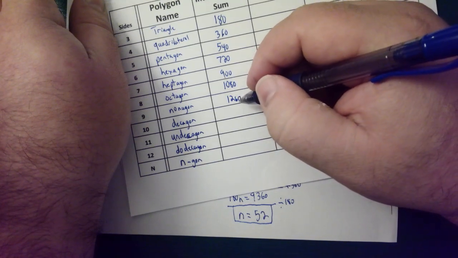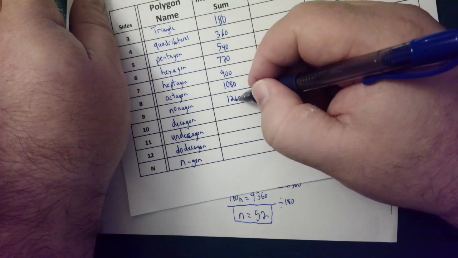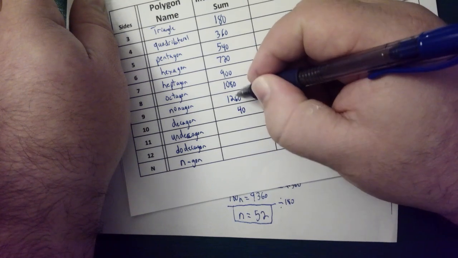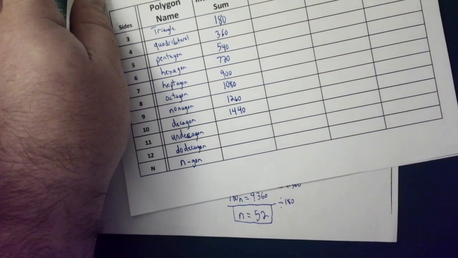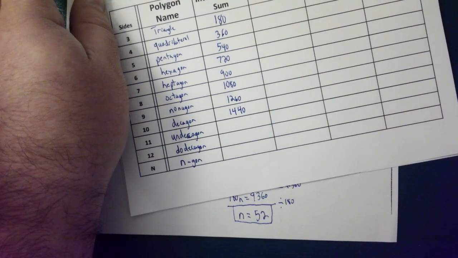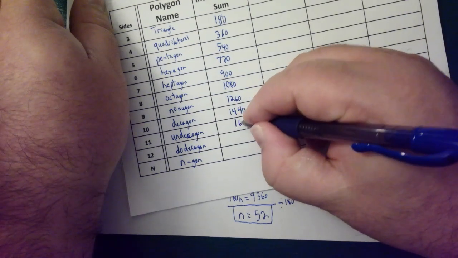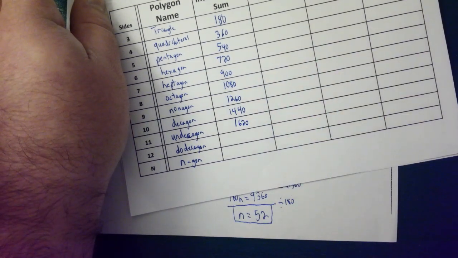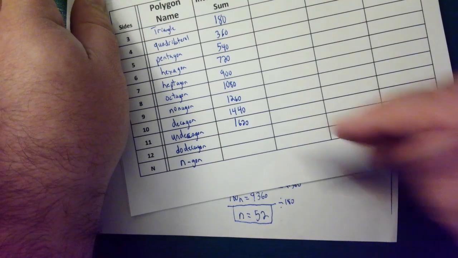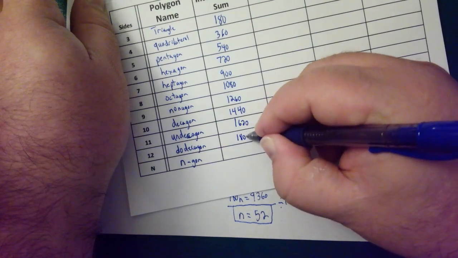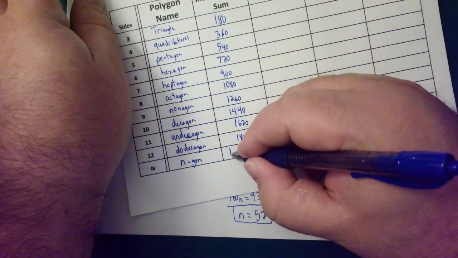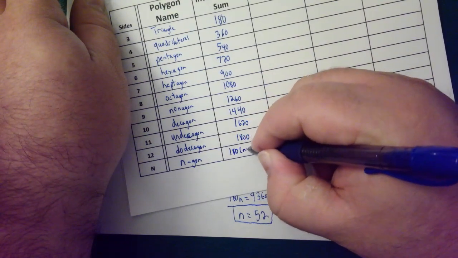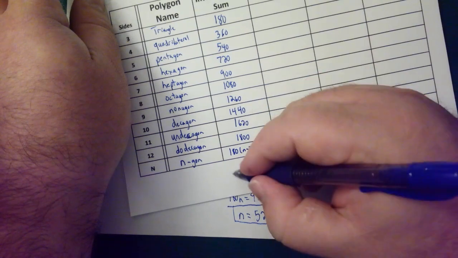And then 180 on top of that would be 1440, and then we get 1620 and 1800.